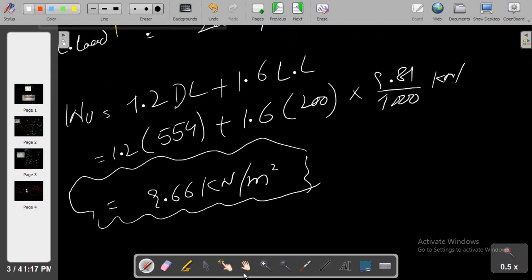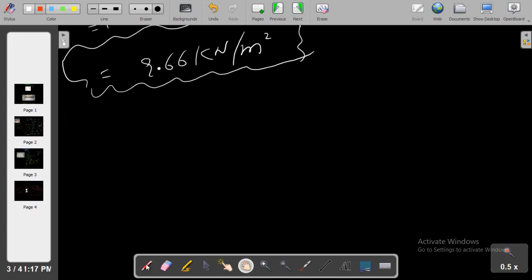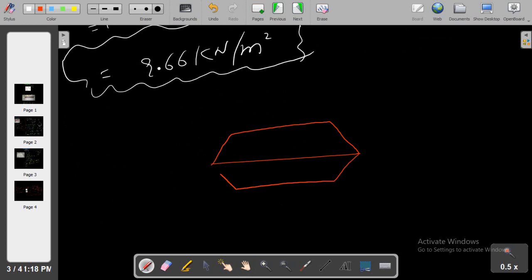This is important. After getting this load, let's say we have an interior beam, and as we did this calculation in part 08, we have a double trapezoidal area. In that case we will find the equivalent width, as we derived the equation for that width.